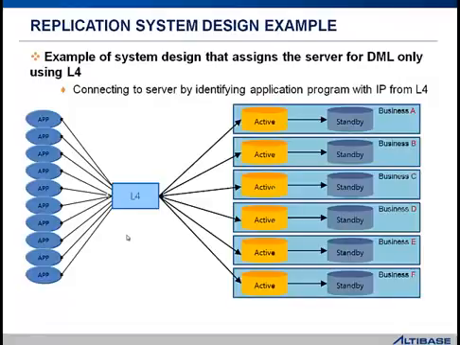For example, task A in business A is assigned to DB A only, and task B for business B is assigned to DB B. All of the IP addresses are saved inside L4, so L4 automatically assigns the task to the DB according to the information of IP addresses and the task type.